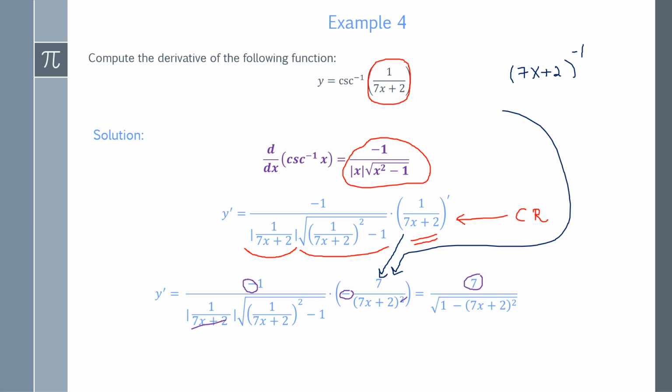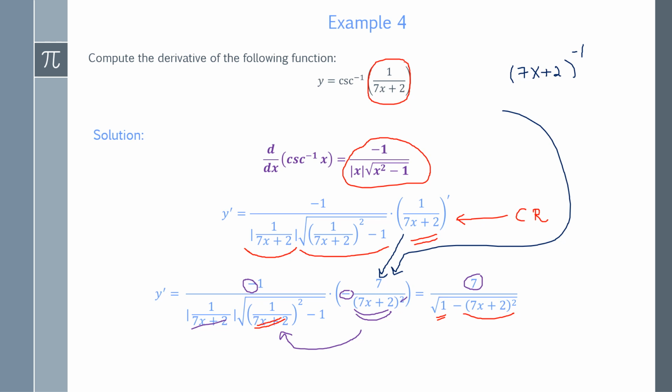And now what I'm going to do, I'm going to bring this group 7x plus 2, just raised to the first power, under the radical. And once I do that, I have to square it because it's going under the radical, right? And what's going to happen? Again, it's going to cancel out with this term right here. So that's where this 1 comes from. And then 1 times 7x plus 2 squared, that's just this expression right here.